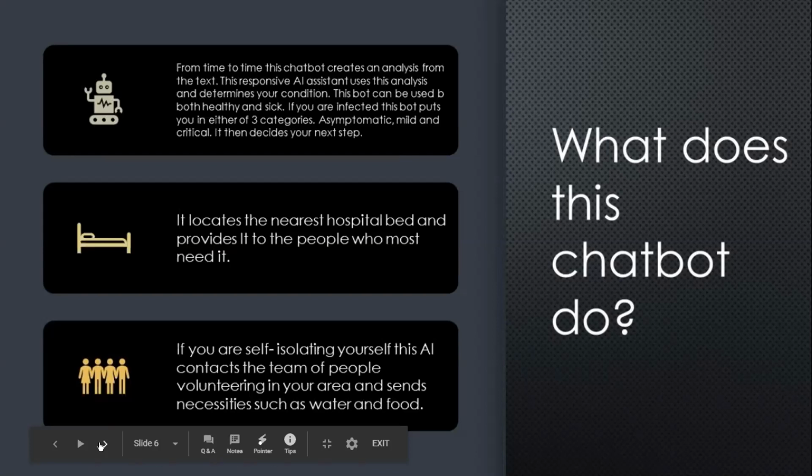So this chatbot locates the nearest hospital bed and provides it to the people who most need it. If you are self-isolating, this AI also contacts the team volunteering in your area and sends them food and water.